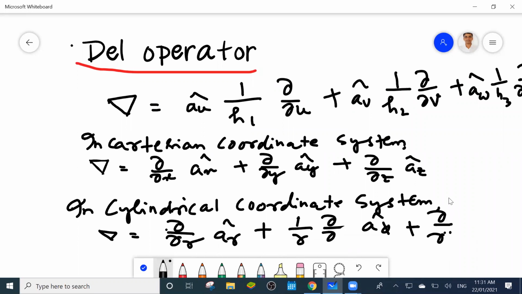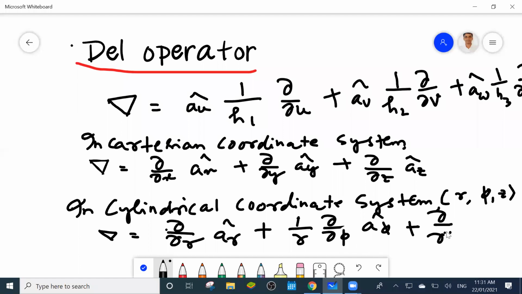So what are the coordinates in cylindrical coordinate system? You tell: r, phi, z. So r is this one, this one is phi, so del by del phi.